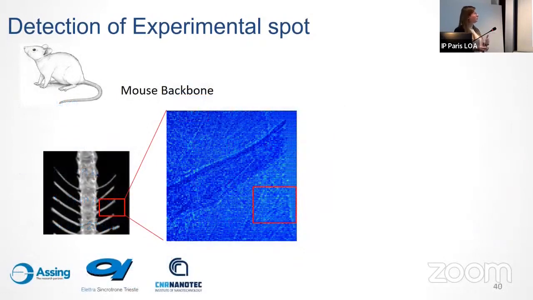This is another example of another sample that we imaged, which is the mouse backbone. Here you see a magnification. This is a raw image where each intensity corresponds to the intensity of a Hartmann spot. If you look at the center, you can see the attenuation due to the rib of the mouse.